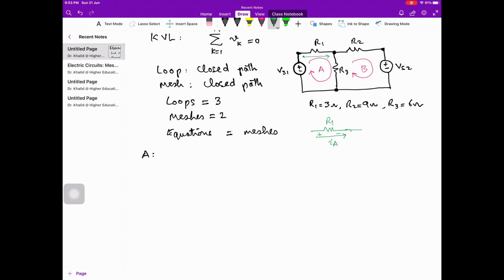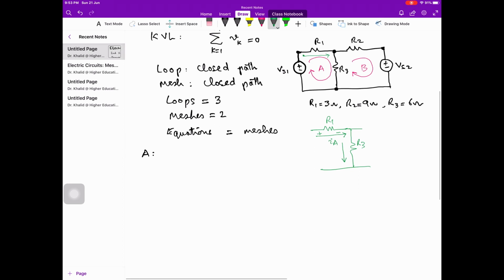And then we see R3 over here, and if we move along the direction of mesh current A, which is downward, we see that through R3, IA is flowing downwards while IB is flowing upward. Basically only one net current is flowing downward. These are fictitious currents which we use in our analysis.